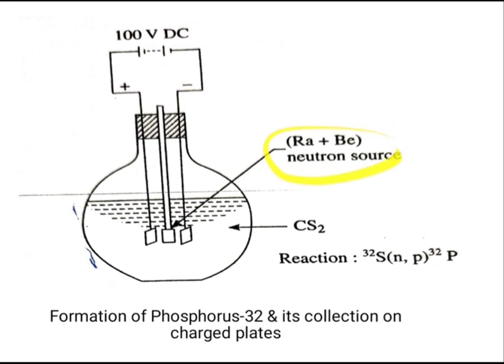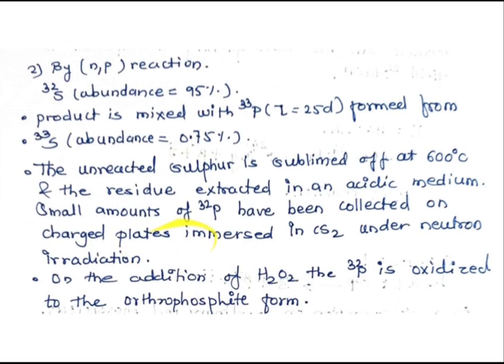This emits neutrons continuously, and the neutrons will bombard the charge plates continuously. On the addition of hydrogen peroxide, the phosphorus 32 is oxidized to the orthophosphate form. When we add H2O2 to the CS2 solution, there is oxidation of phosphorus 32 into the orthophosphate form. By this way, phosphorus 32 is formed, and it will be collected on these charge plates.